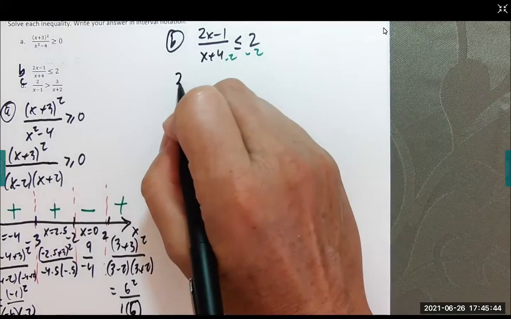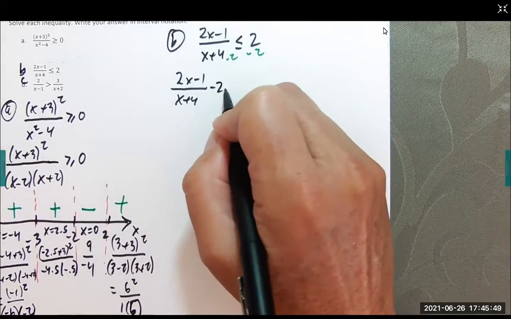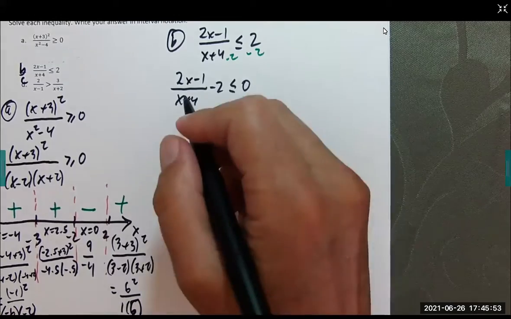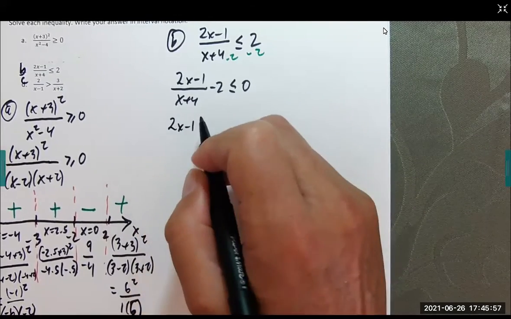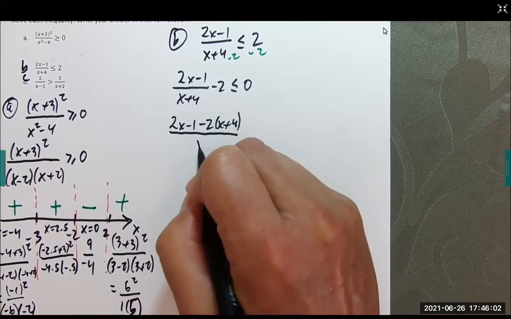So 2x minus 1 over x plus 4 minus 2 is less than or equal to 0. Now I have to get a common denominator. So that's going to be 2x minus 1 minus 2 times x plus 4 all over x plus 4.